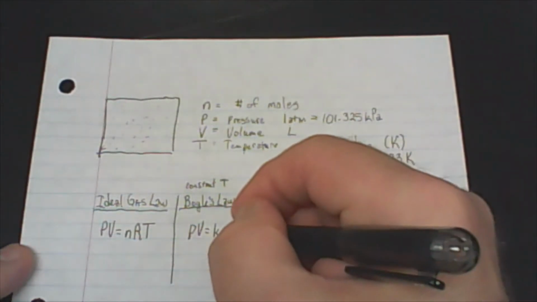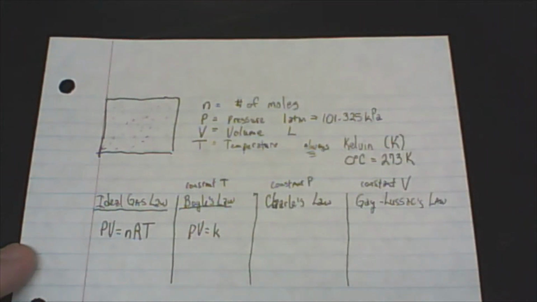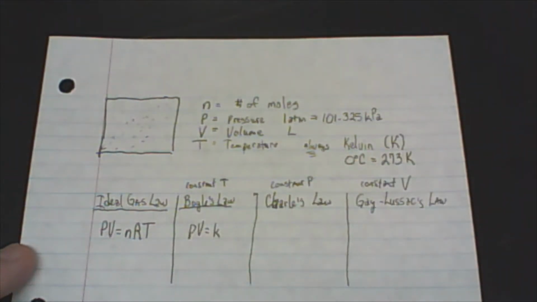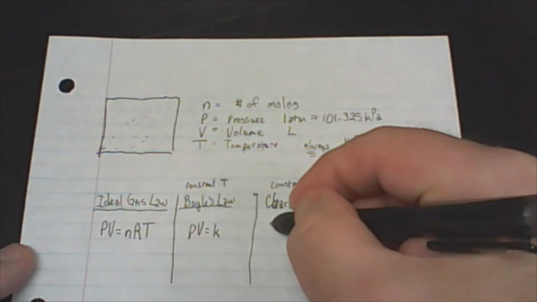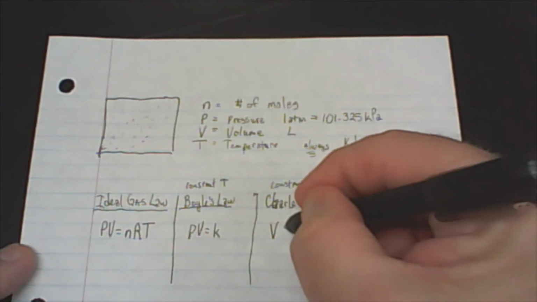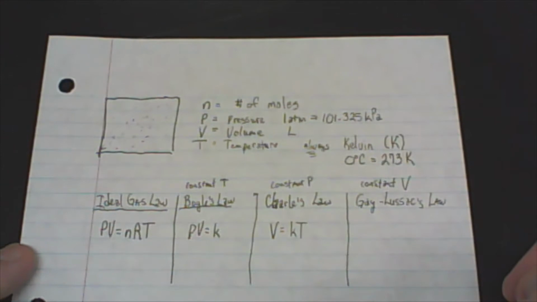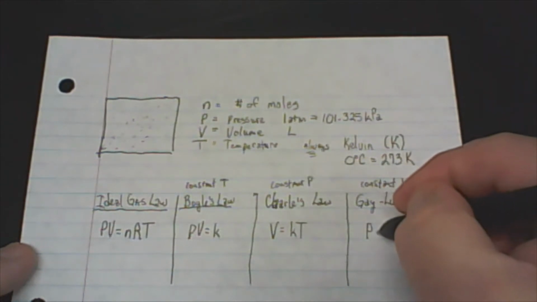So the value of K in Boyle's law, PV equals K, varies based on the sample of gas you're working with. So this form of the law doesn't really help us very much. Neither does this form of Charles's law, V equals KT. We will not use these forms of the law. And finally, P equals KT.